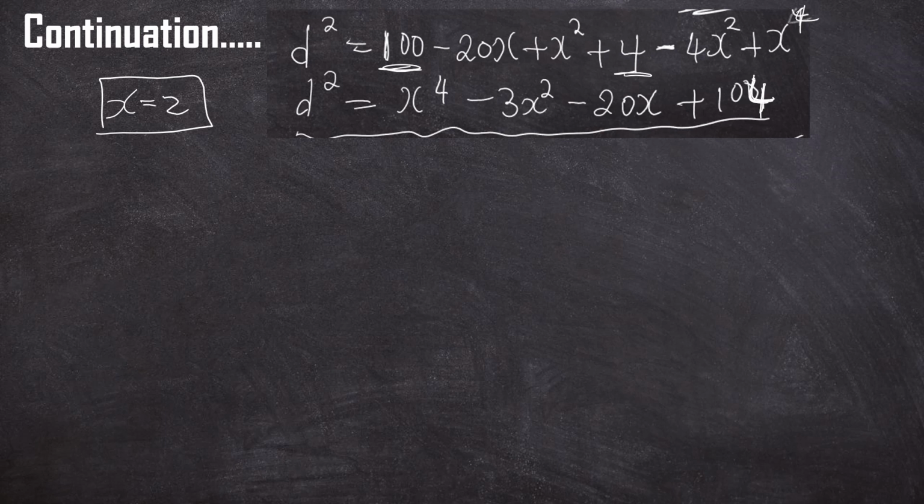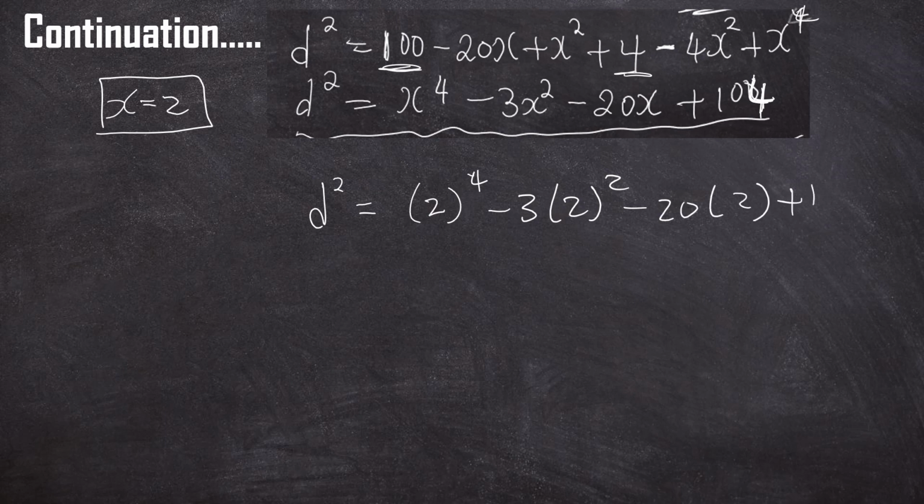Then we can now get the distance. Remember, this is squared, right? But we do know that for distance, we have to apply the square root finally. So it's 2 exponent 4 minus 3 into 2 squared minus 20 into 2 plus 104. To get the distance, we're just going to apply the square root of this.